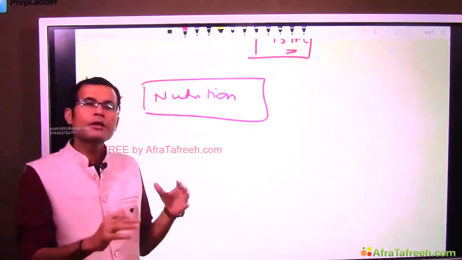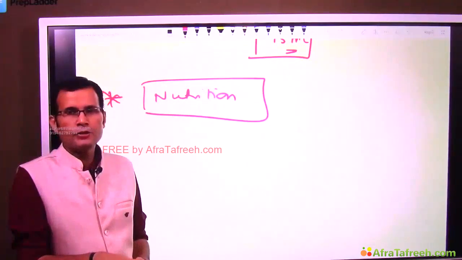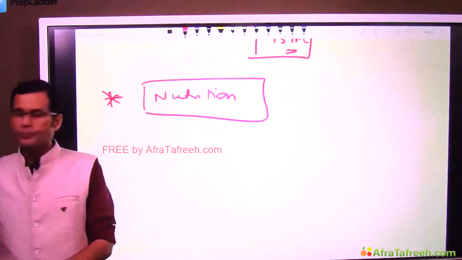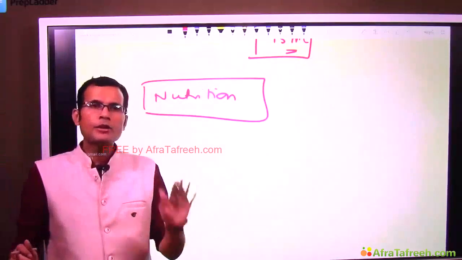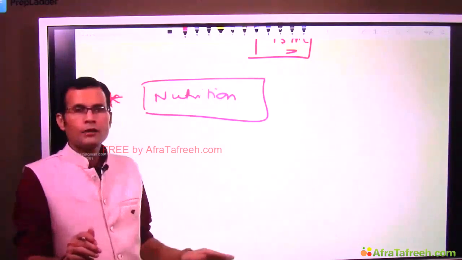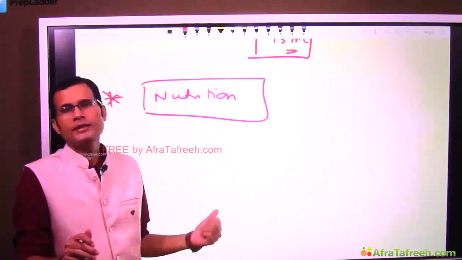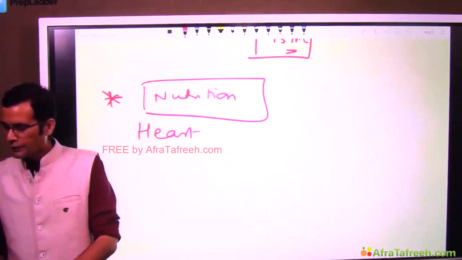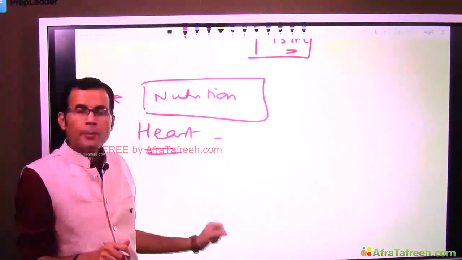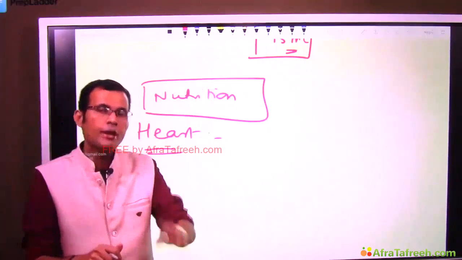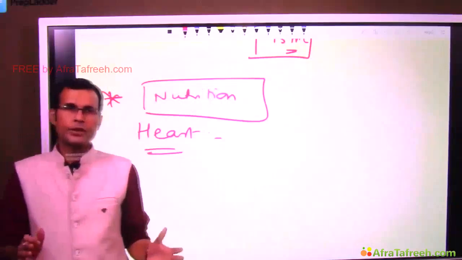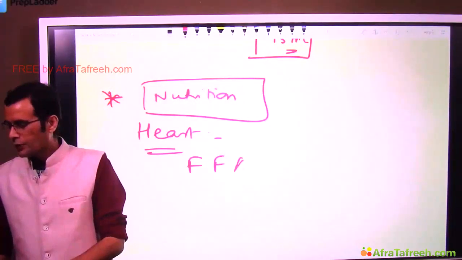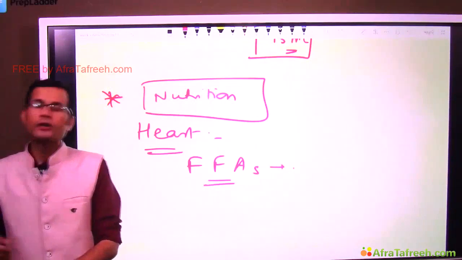Again, a very unique feature related to the heart. All the other organ systems in the body are primary users of glucose and carbohydrates. The heart is the exception. In the case of the heart, it primarily utilizes fatty acids, lipids instead of carbohydrates. Another unique feature related to the myocardium.